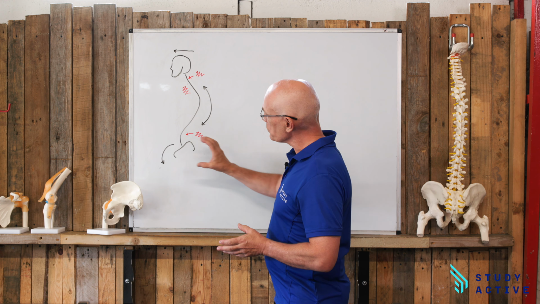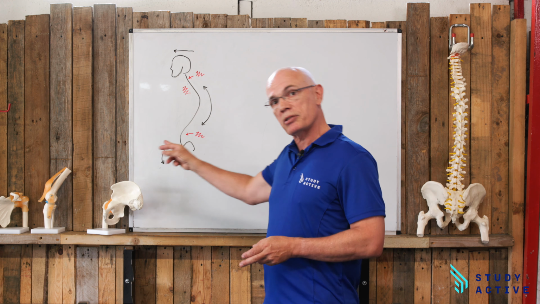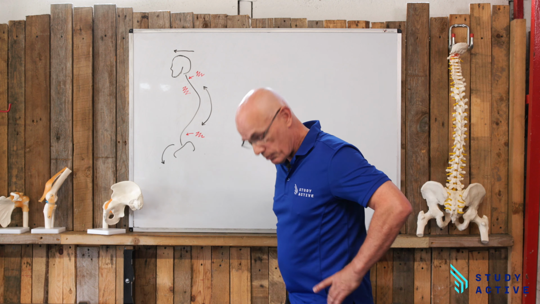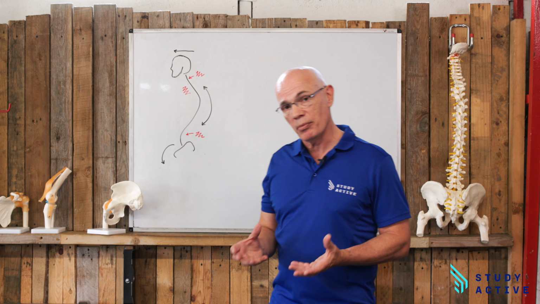We're going to see some tightness, very importantly, in some muscles here, and I didn't do a little red squiggly line, so apologies for that, but we could have a little red squiggly line in here, and that would show that we get some tightness, some shortening of the hip flexor muscles, the iliopsoas muscles, made up of the psoas and the iliacus muscles.